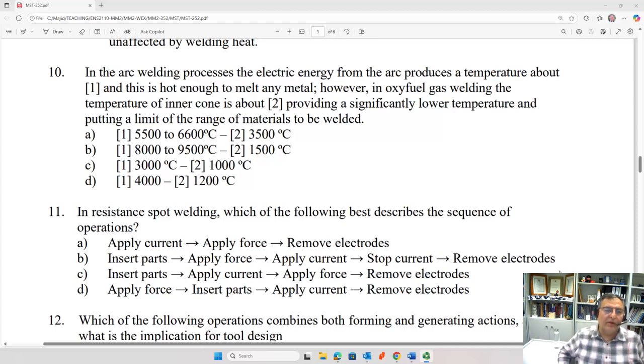Well, this is showing the right sequence of operations in spot welding. C, insert parts, apply current, apply force, and then remove electrodes. Well, this is another incorrect arrangement because we need to apply force and then apply the current. And indeed, applying force before inserting parts obviously is incorrect. So this is not correct. So for 11, B is showing the right sequence of operations.